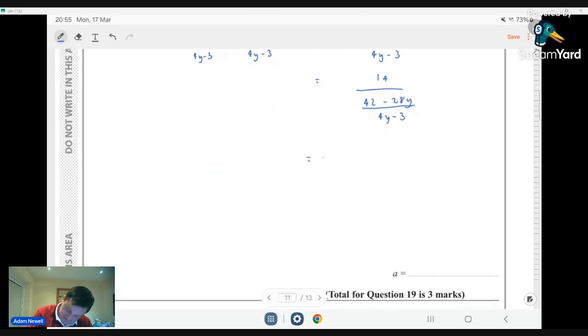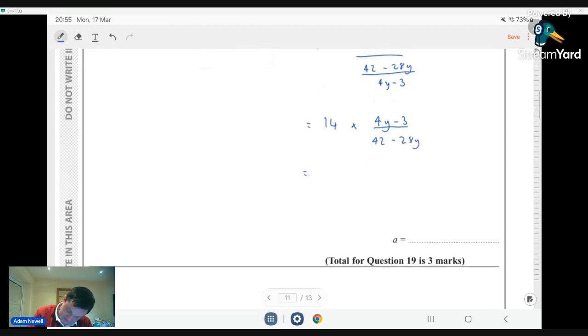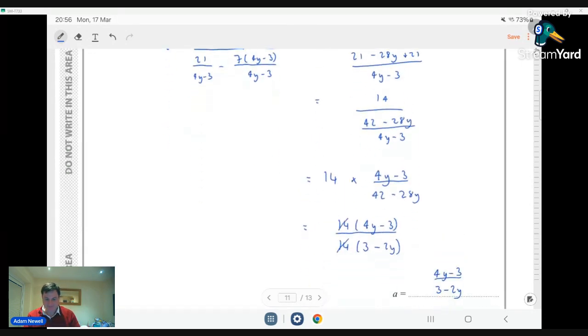So I can then rewrite this as 14 times by the reciprocal, 4y take away 3 over 42 take away 28y. Now, this has got a common factor of 14, and we get 3 take away 2y. So my answer is 4y take away 3 over 3 take away 2y.